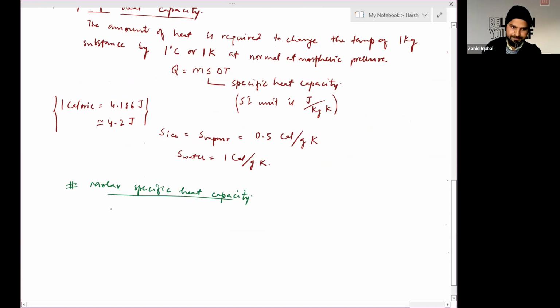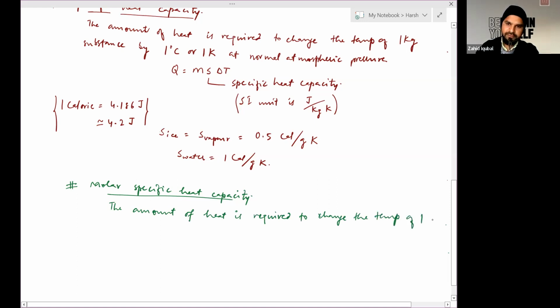So it will be the amount of heat required to change the temperature of 1 mole gas by 1 Kelvin or 1 degree centigrade at given condition.